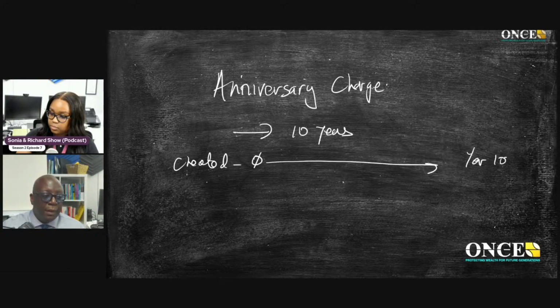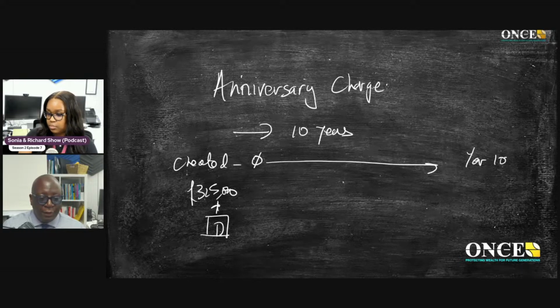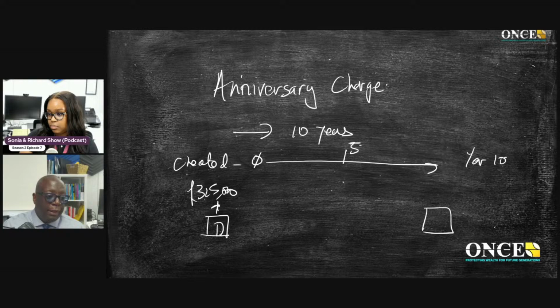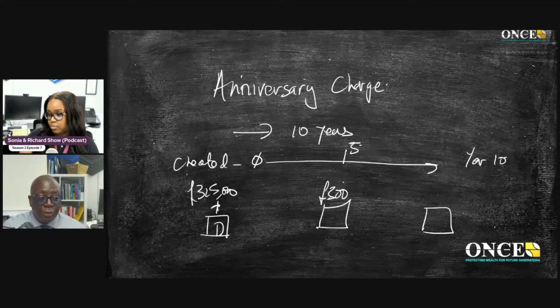So that's why we want to keep it at 325,000, because if you just put any amount in there, for example, your house on day 0 is worth 325,000, and let's say in year 5 it's worth 500,000, but the trust value is still 325,000.